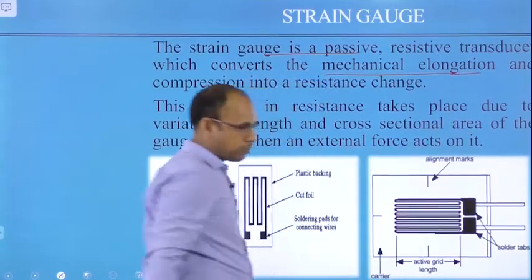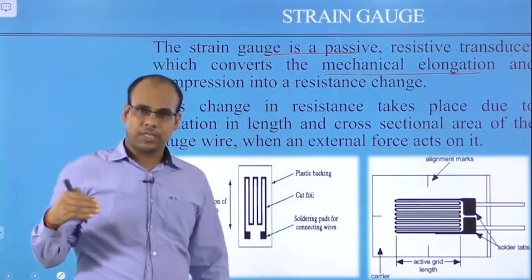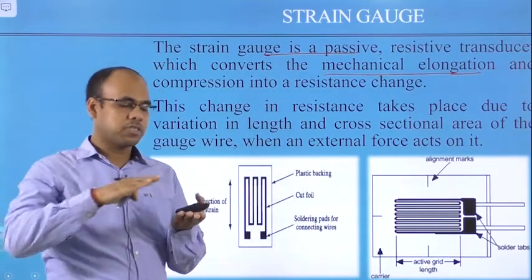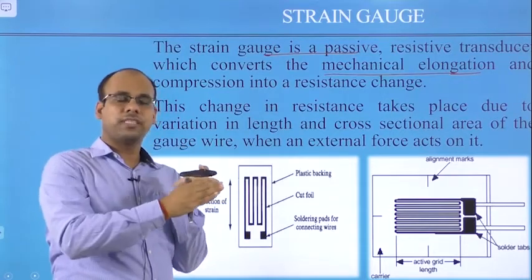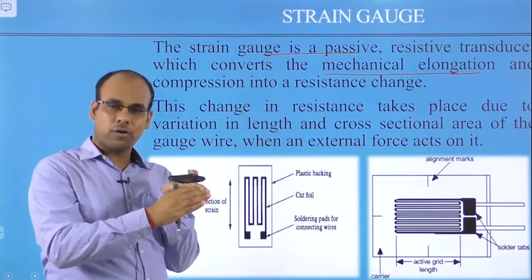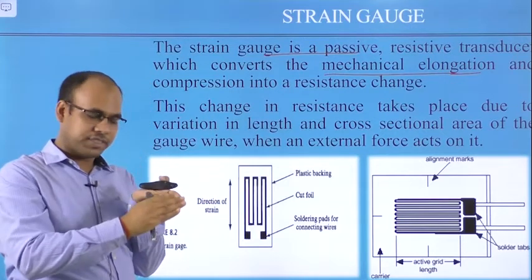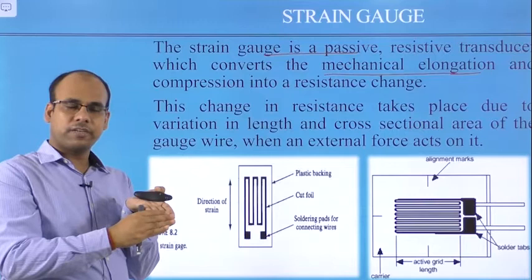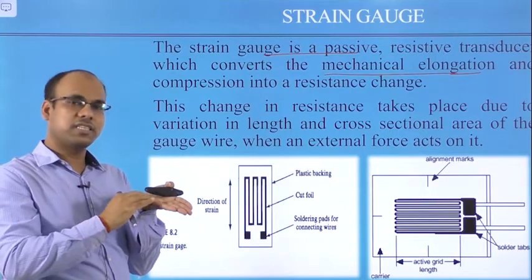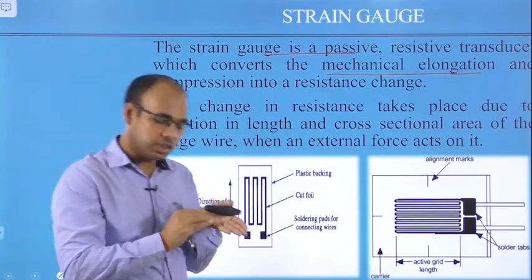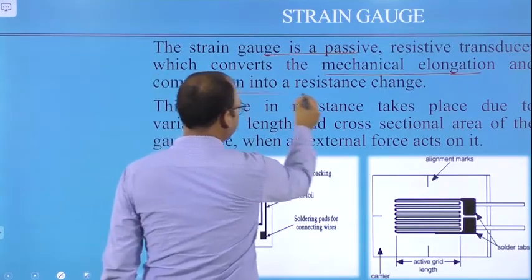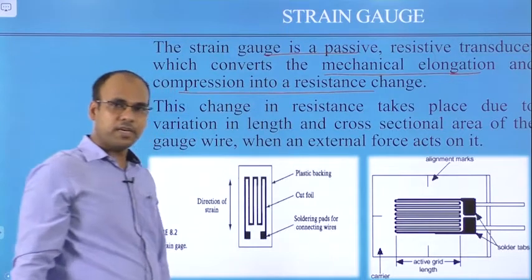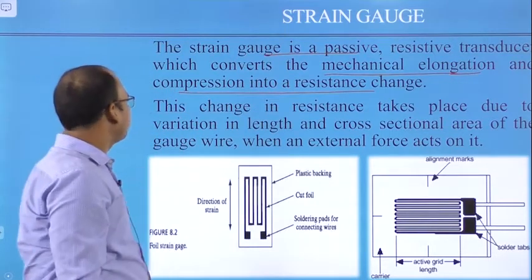Suppose this is our surface, and when force is applied over here, I feel some strain, tension, or stress, and due to that stress the resistance of the material changes. It may be a compressive or a tensile force.